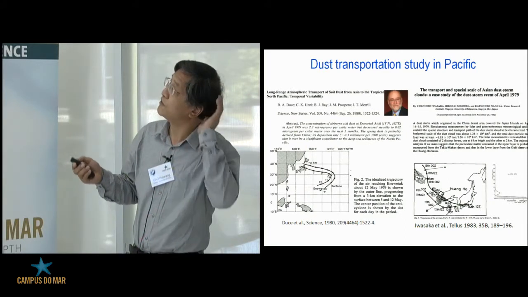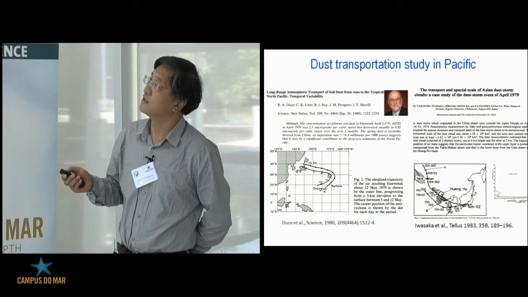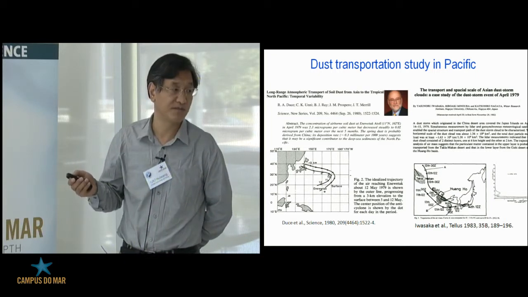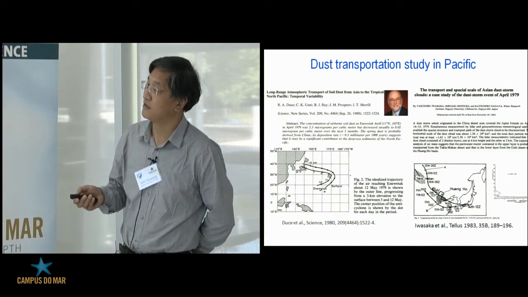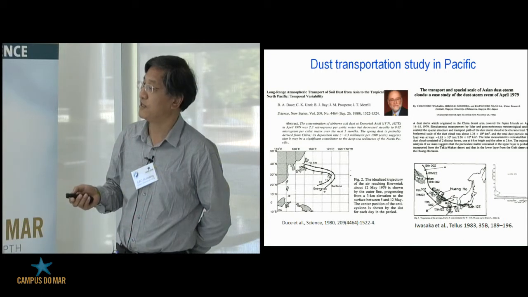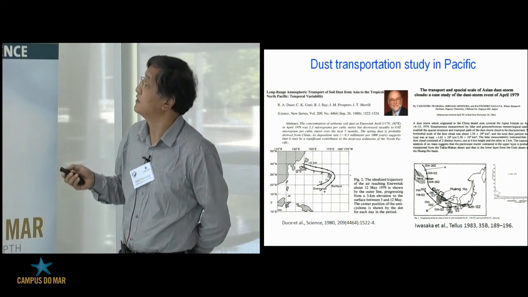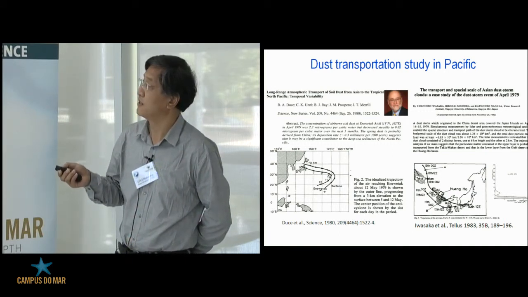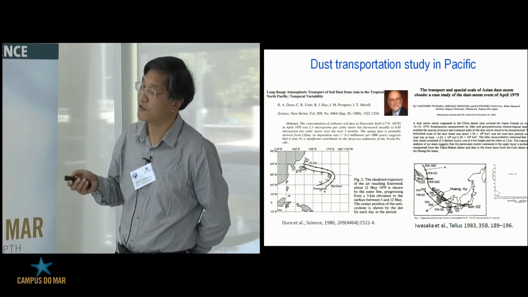For the Pacific dust studies, quite early studies were done by Bob Duce, a big name in this field. This paper was published many years ago, and then there are some other papers showing the transport of dust from the Taklamakan Desert to Japan and to the Pacific Ocean.